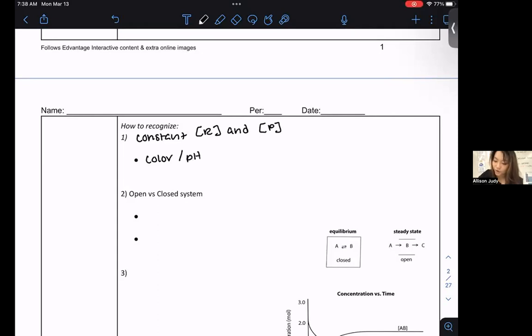You could look at temperature if that was connected to your reaction, exo versus endothermic. You could look at gas pressure. And when I say temperature, usually what I mean is have you reached thermal equilibrium?